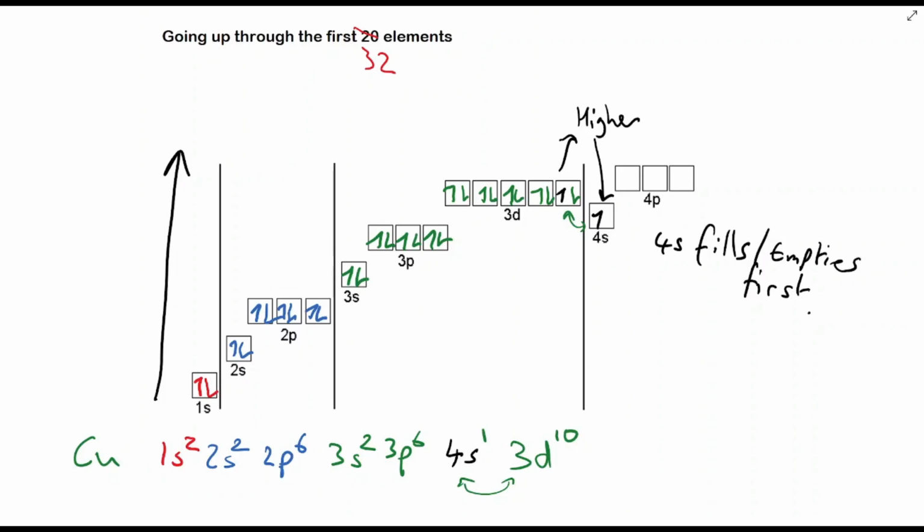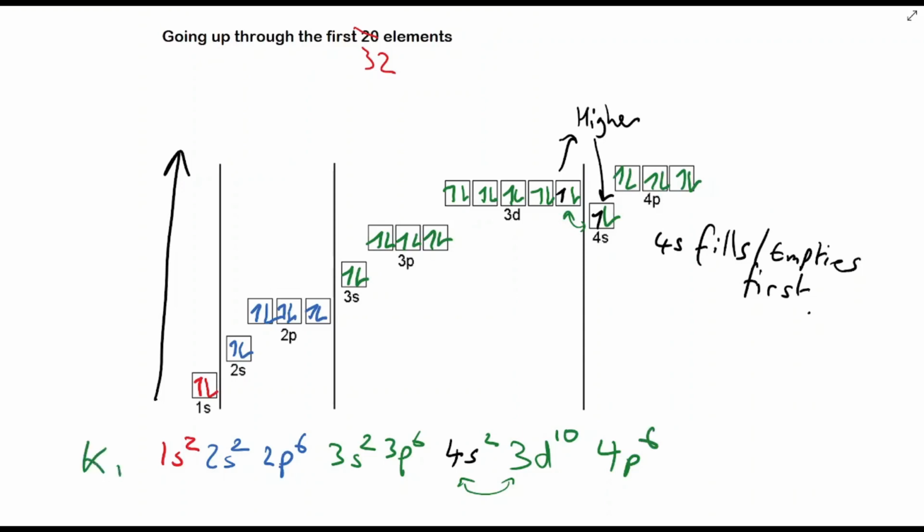And then finally we finish off with zinc. Zinc goes back to complete the pattern, and it's 4s2, 3d10. And then when we get to gallium and move along to germanium, we're back to our more familiar pattern, so we go 4p1, 4p2, 4p3, and we're at arsenic, and then 4p4, 4p5, 4p6, and eventually we end up at good old krypton.